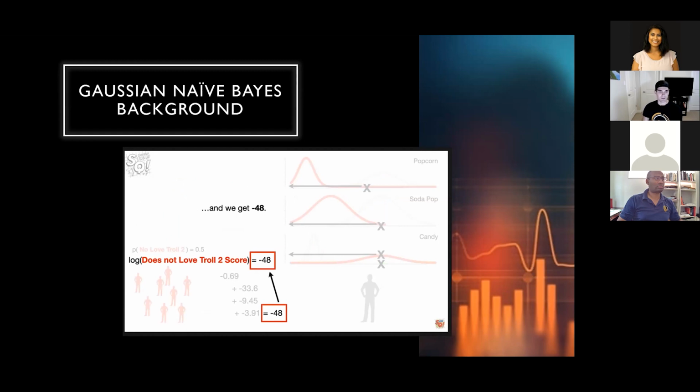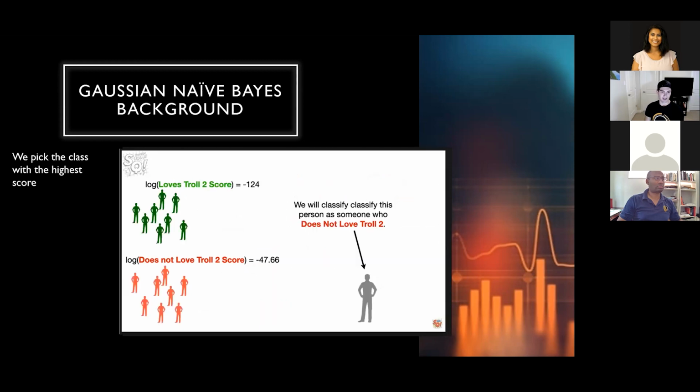We sum up the results and find that the score for this class is negative 48. Now that we know the class that does not love Troll 2 has a higher score than the other class, we classify this new person as most likely not loving the movie Troll 2 based on the information they gave us. So that's just kind of how Gaussian Naive Bayes works.